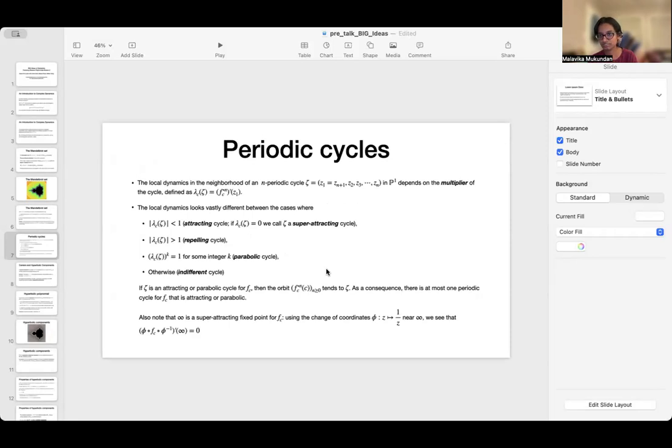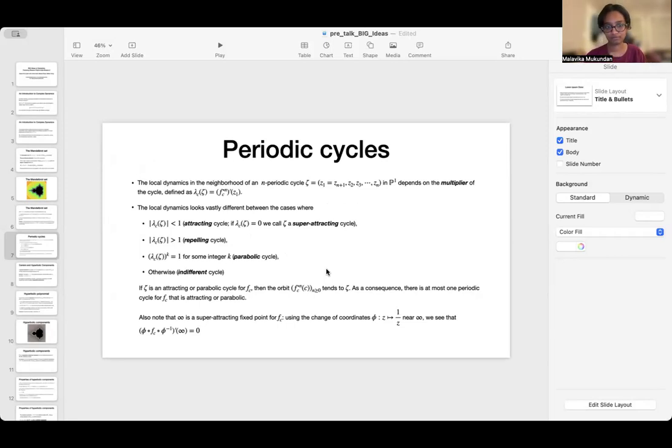As a consequence, since there is only one critical orbit, you can have at most one attracting or parabolic cycle. That's a very strict property true only for these polynomials z squared plus c, and in general z to the d plus c. It's also possible that you don't have any attracting or parabolic cycles in the complex plane.